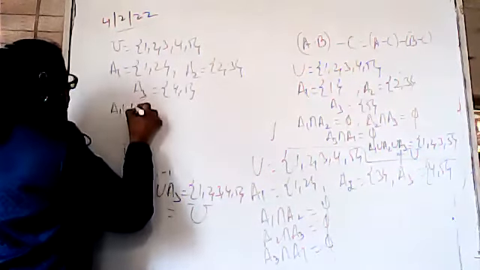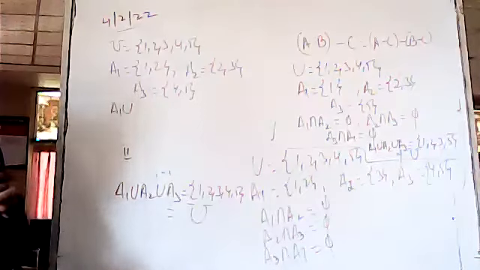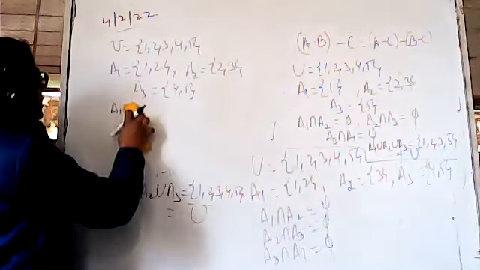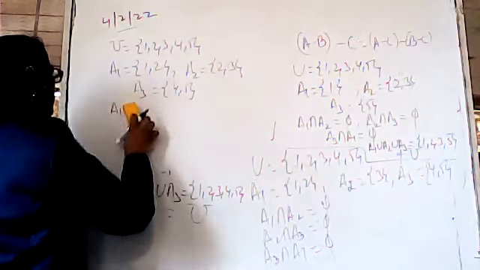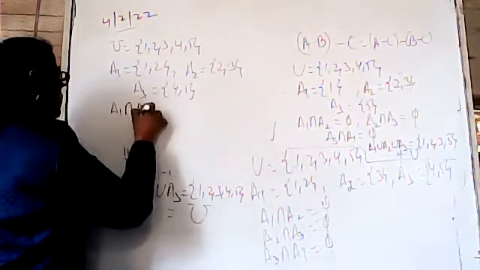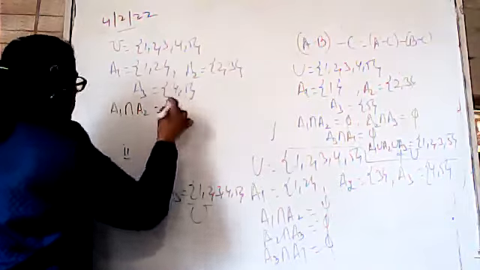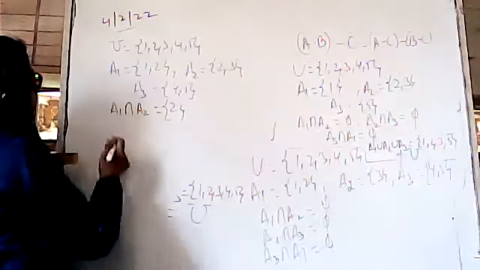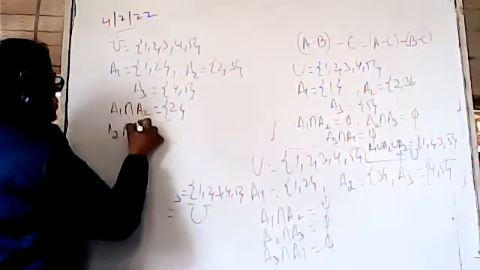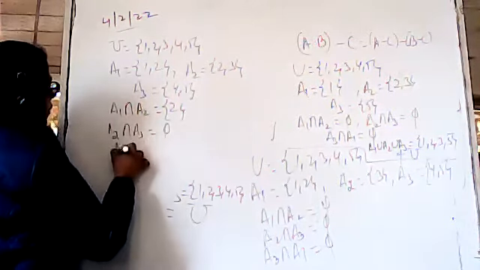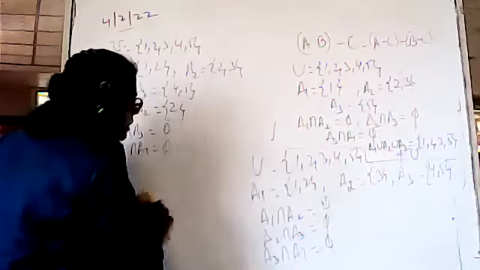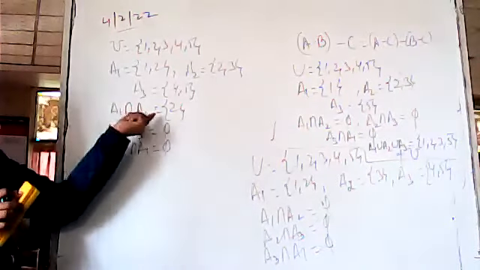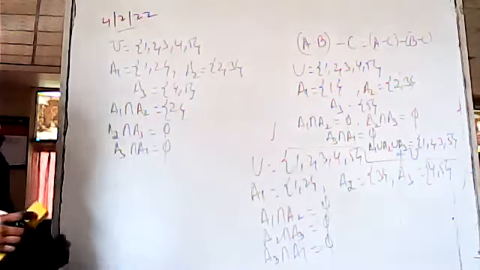So first of all, A1 intersection A2 will be equals to 2. A2 intersection A3 is equals to phi. A3 intersection A1 is again equals to phi. So first condition is not satisfied, that is intersection of these two sets is not equals to phi.